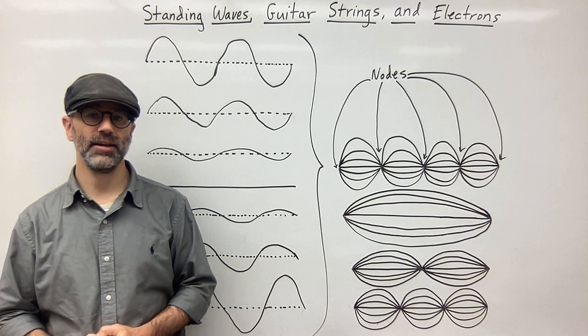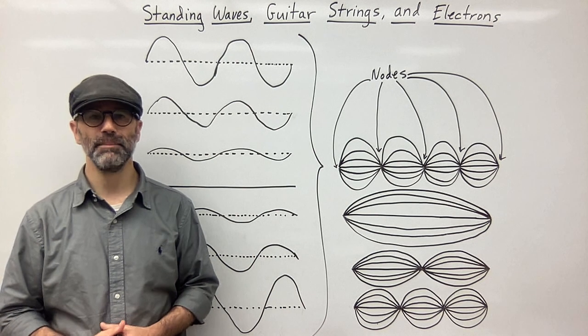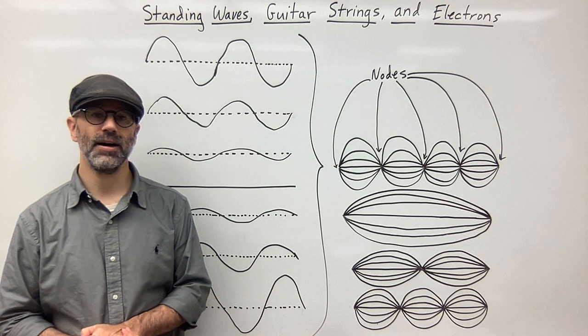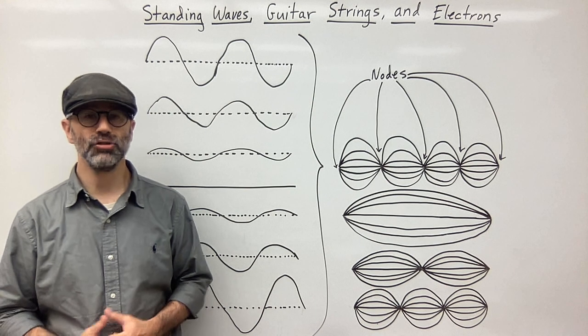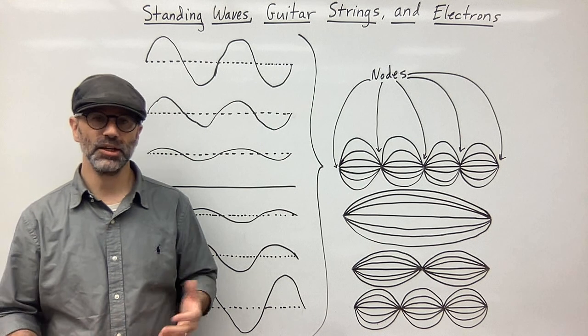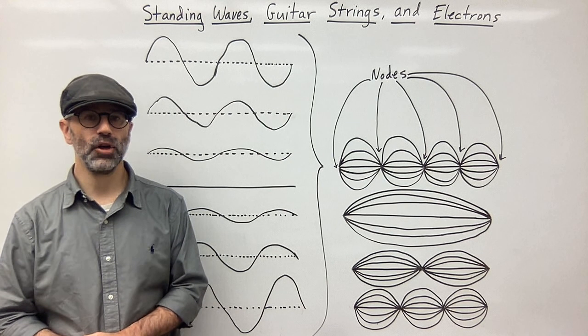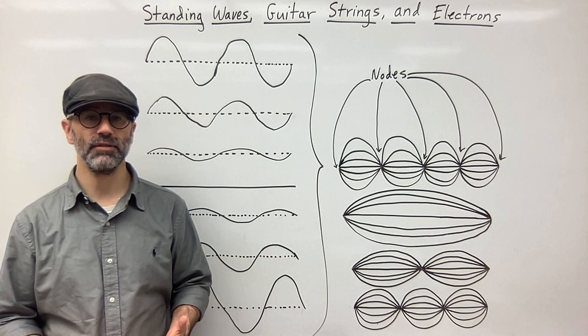So the electron can be seen as behaving like a particle, or it can be seen behaving like a wave. And so the modern model of the atomic structure, or of the atom, is a little bit more complicated. So we have to take into consideration the wave-like behavior of the electron.